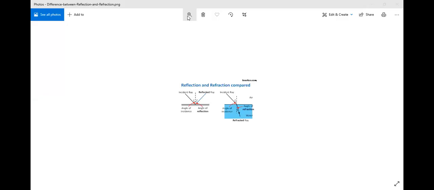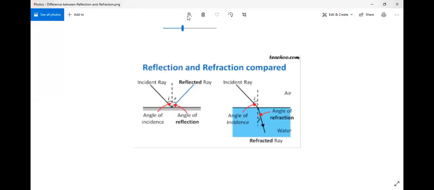Look, what's the difference between reflection and refraction? In the first diagram, this is reflection happening. The incident ray and the reflected ray are in the same place. Okay?